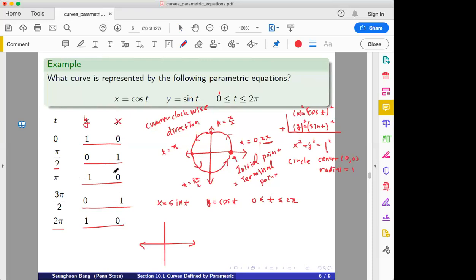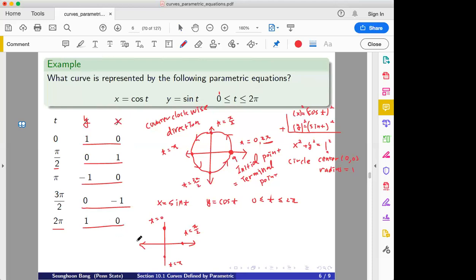The point 0, 1 is here, where t equals 0. The point 1, 0 is here, where t is pi over 2. Next, 0 and minus 1 is here, where t equals pi. Then minus 1, 0 is here, where t is 3 pi over 2.